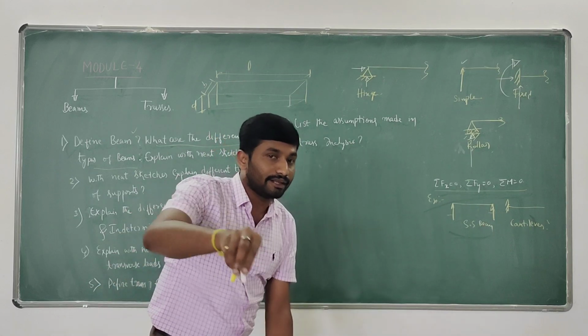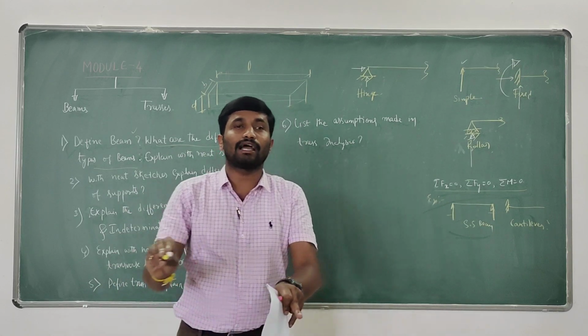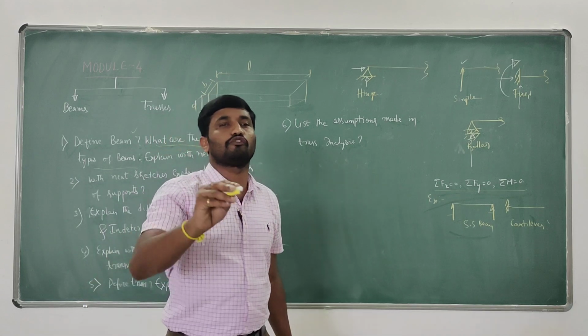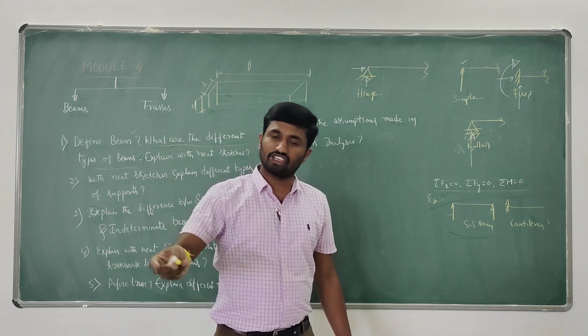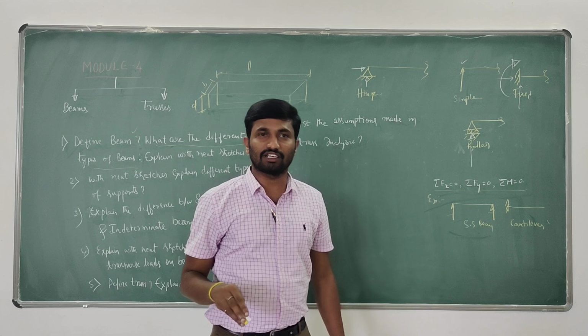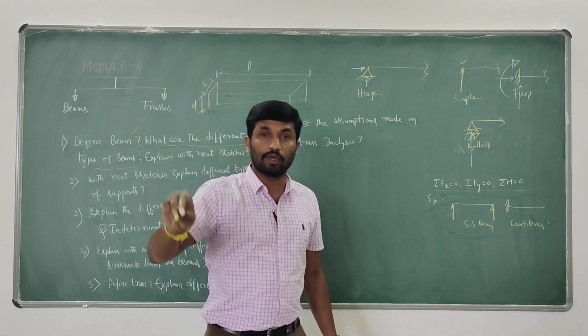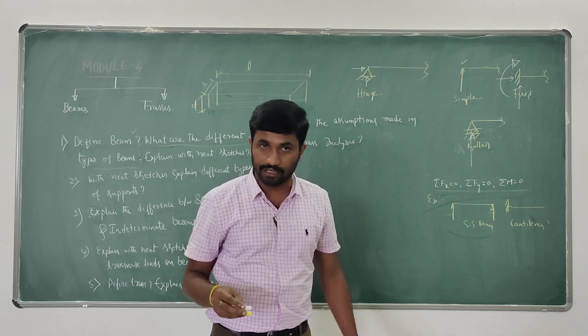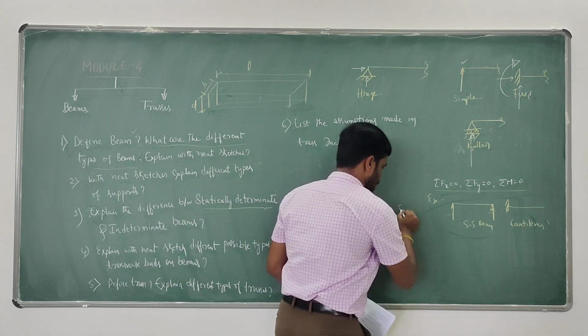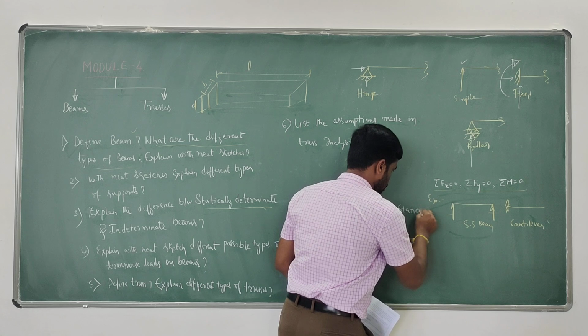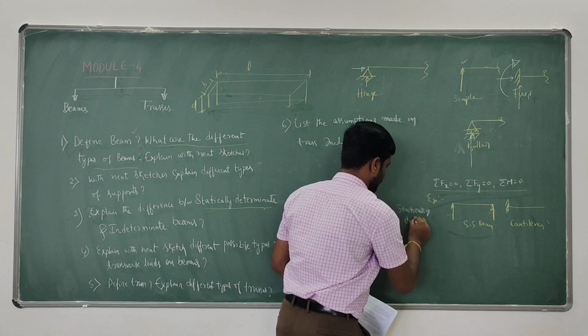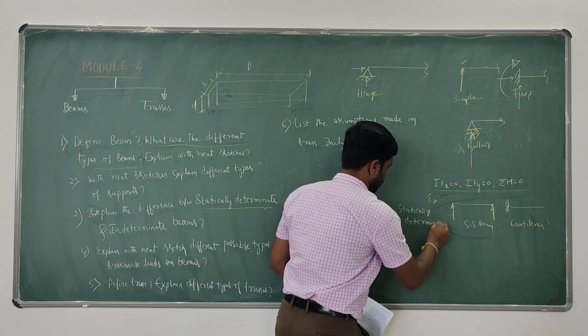What are statically indeterminate beams? The beam cannot be analyzed with the help of equations of equilibrium alone, and requires additional compatibility conditions and boundary conditions. Those kinds of beams are termed statically indeterminate. These are statically determinate.